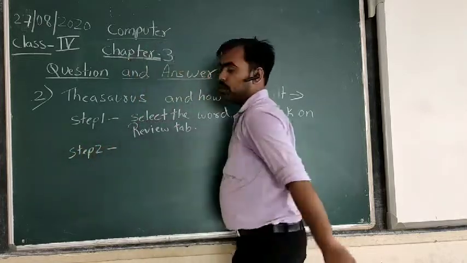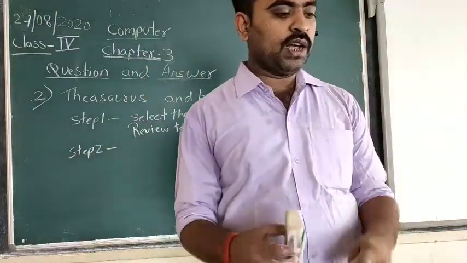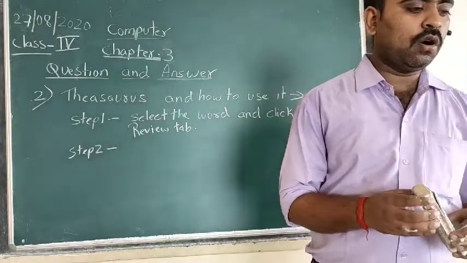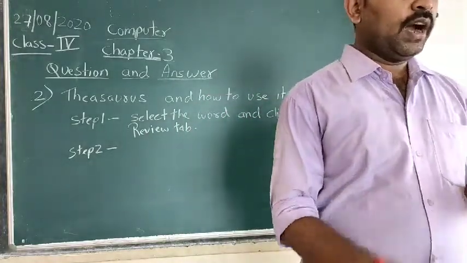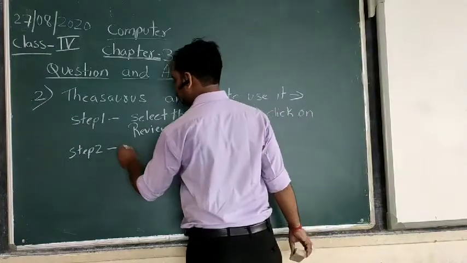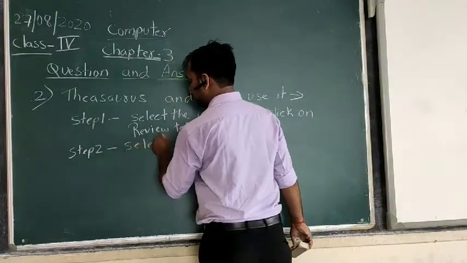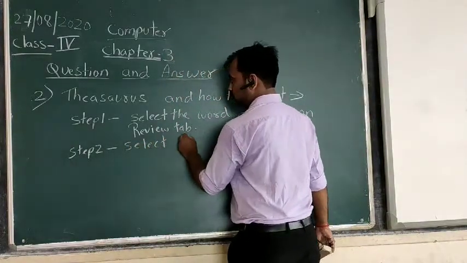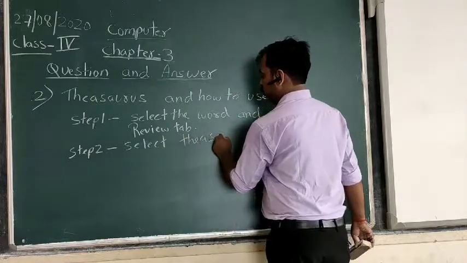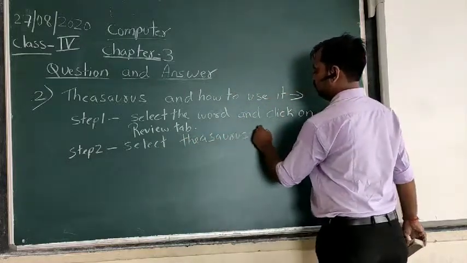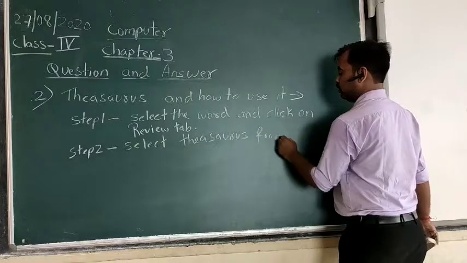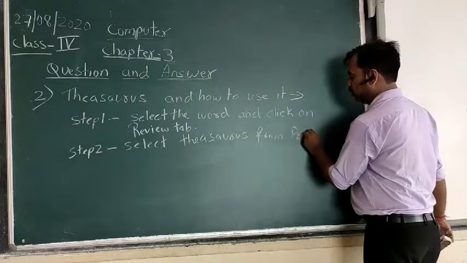Step 2, after clicking on the review tab, you will get different groups, and from there select the thesaurus from the proofing group.